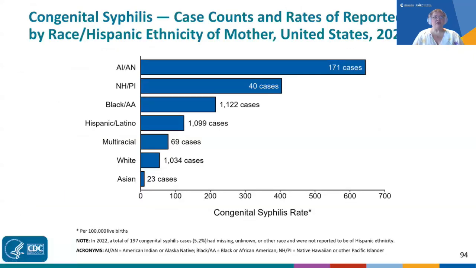We do have some racial disparities when it comes to syphilis. With congenital syphilis, you can see that Alaska Native and American Indian populations have a very high case rate as compared with Pacific Islander, Black, Latino, and white populations.